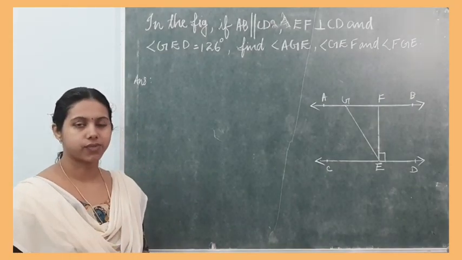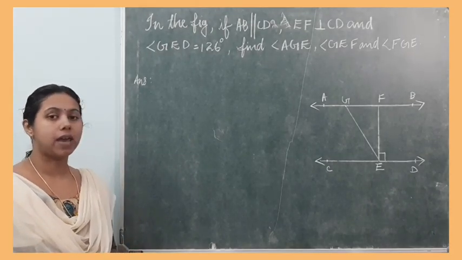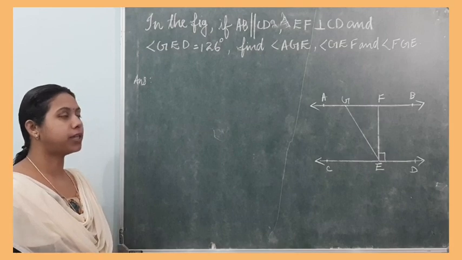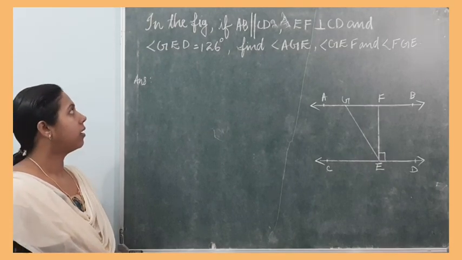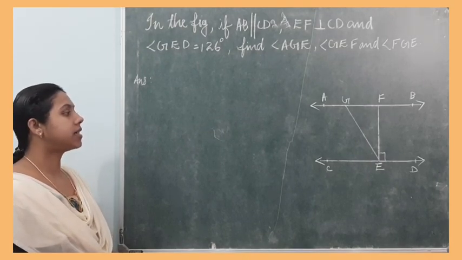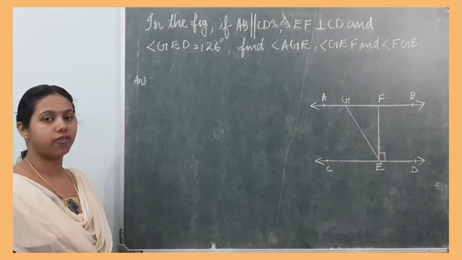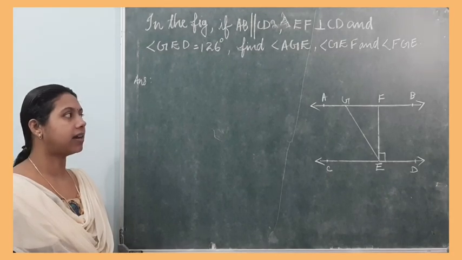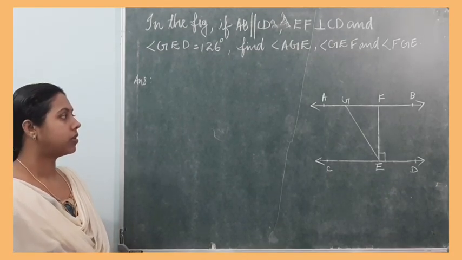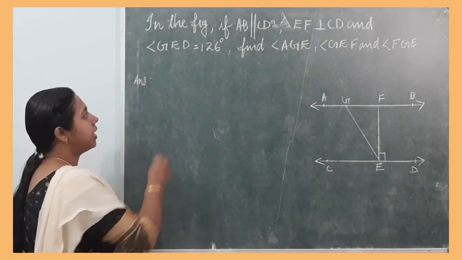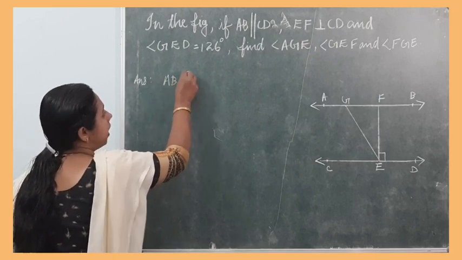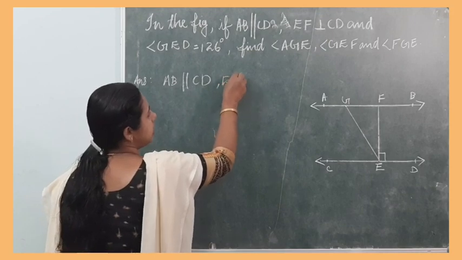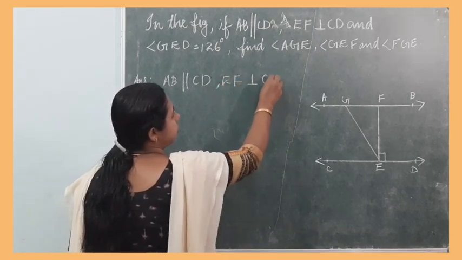The next question is, in the figure, AB parallel to CD and EF perpendicular to CD. Angle GED is equal to 126 degree. Find angle AGE, angle GEF and angle FGE. So it's given for you AB parallel to CD and EF perpendicular to CD.